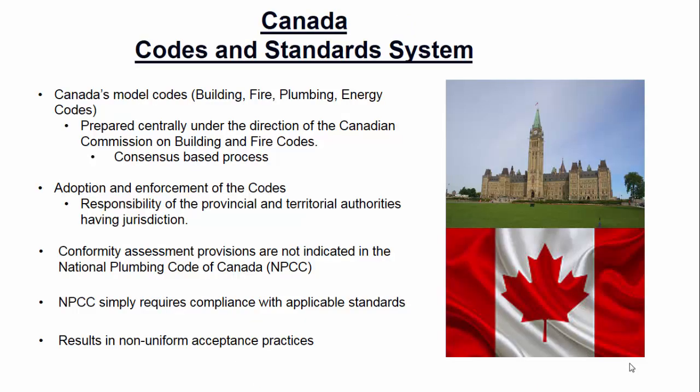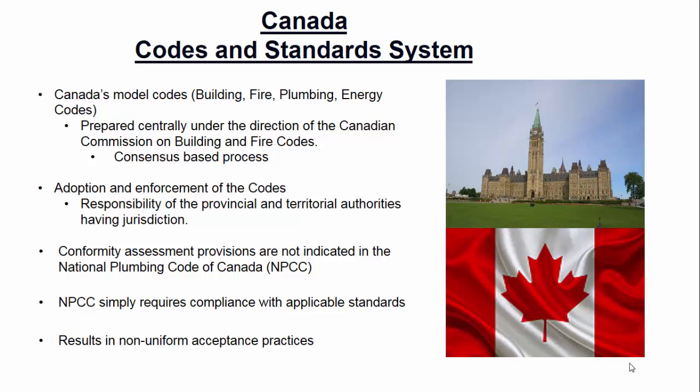So for Canada, the codes are primarily done through a central direction under the Canadian Commission of Building and Fire Codes. It is a consensus-based process. Similar to the United States, the adoption and enforcement of the codes is the responsibility of the provincial and territorial jurisdictions and the authorities, and they're differing from the U.S. model codes.